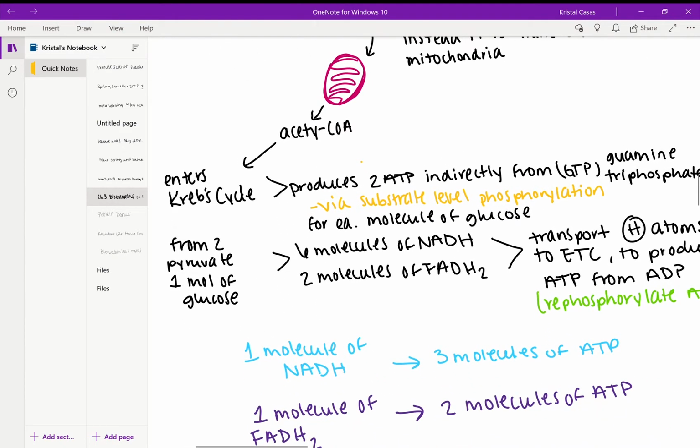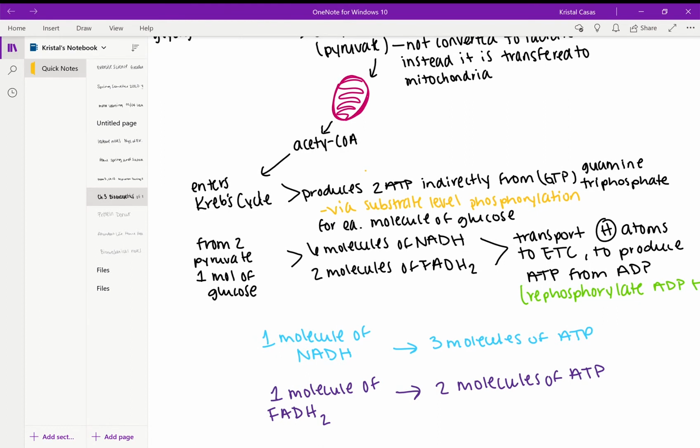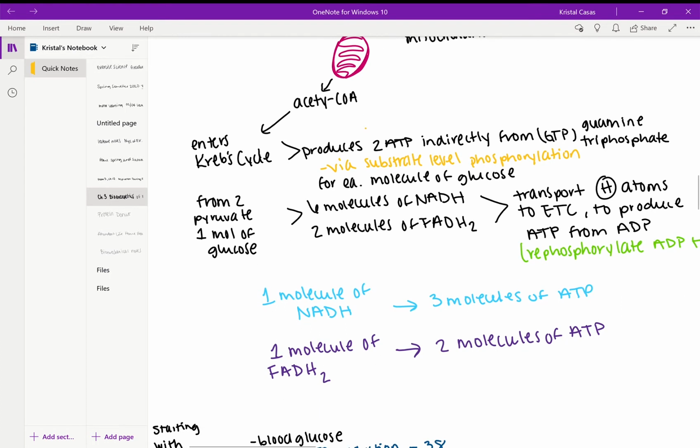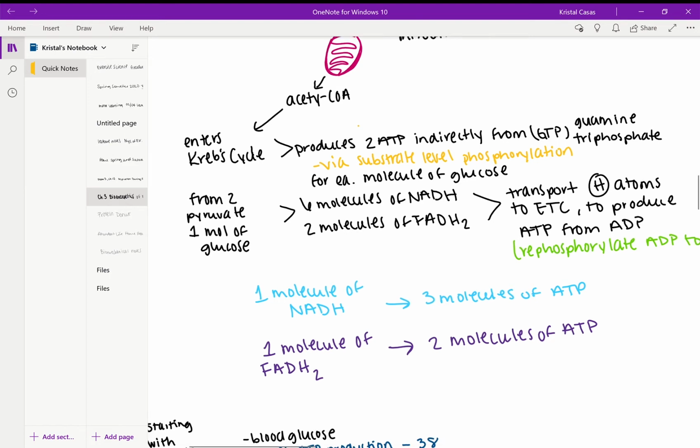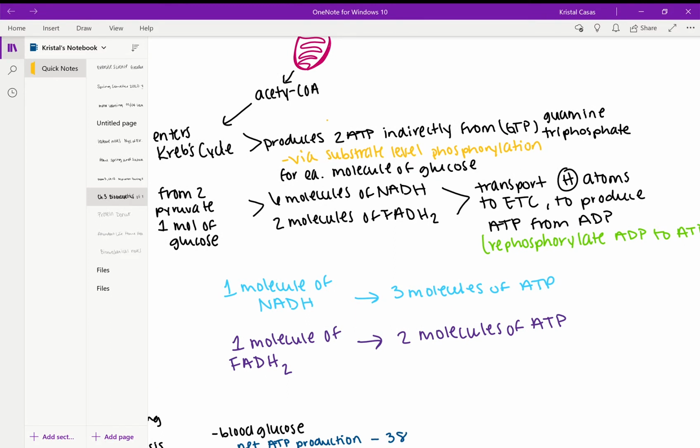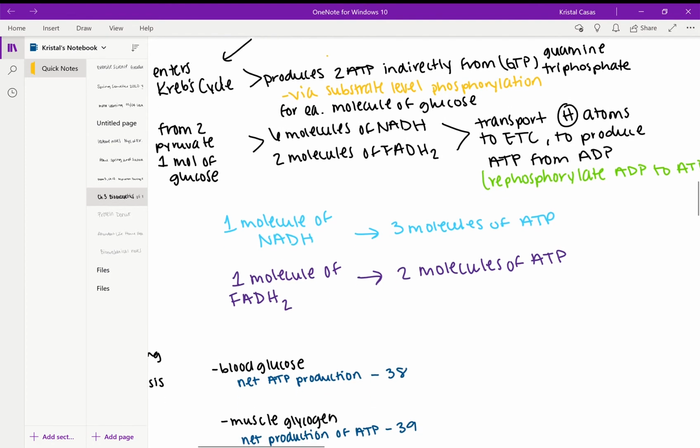Here, the Krebs cycle produces 2 ATPs indirectly from GTP. From the 2 pyruvate and 1 mole of glucose, 6 molecules of NADH will be produced and 2 molecules of FADH2. And those molecules transport the hydrogen atoms to the electron transport chain to produce ATP from ADP.